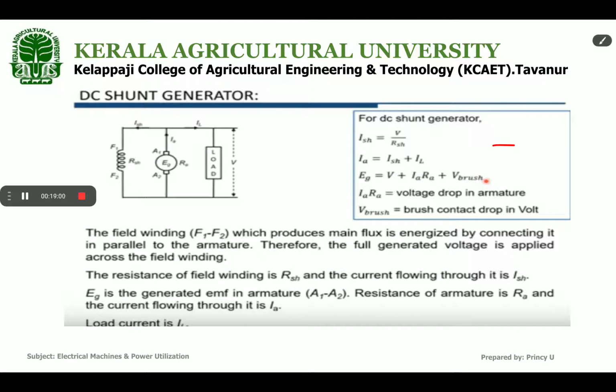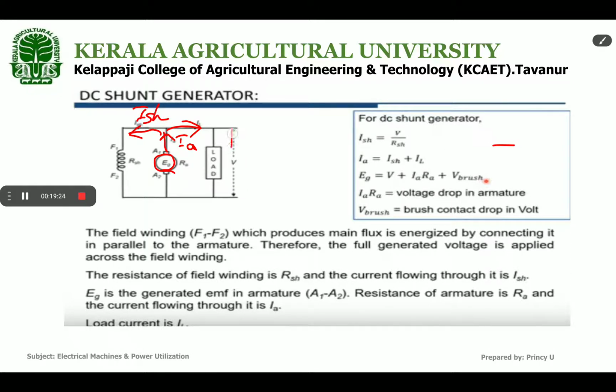We know that EMF is generated here at the armature, so a current IA will come from the armature, and a part of that current goes to the shunt field winding and the rest goes to the load. So what is ISH?